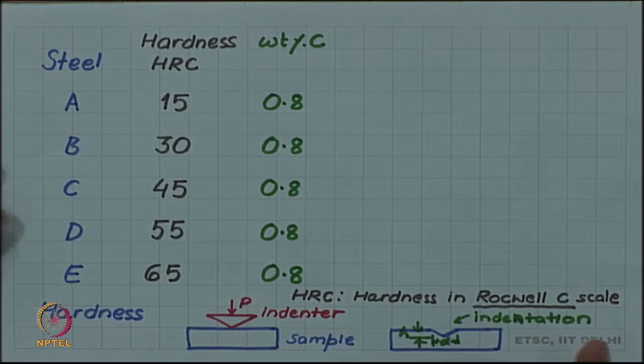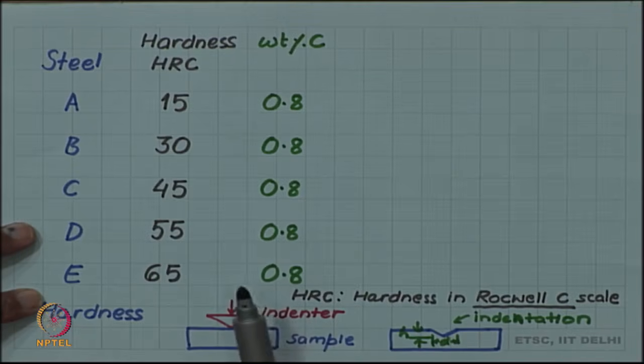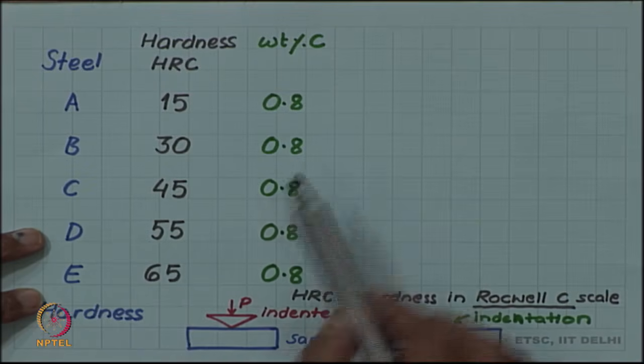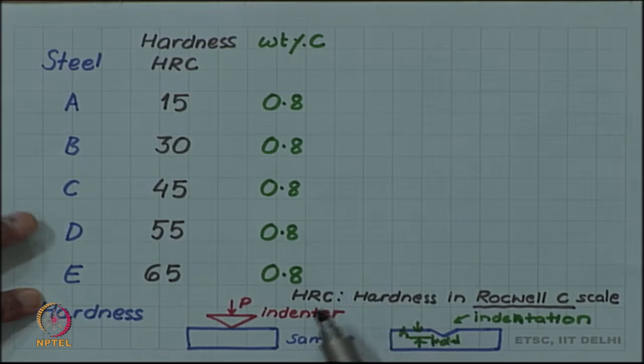So, then this interesting question comes: how are we able to get hardness varying by a factor of 4 in steel of the same carbon concentration? And the answer to this question is very interesting, and this answer comes through the difference in the microstructure of steel.